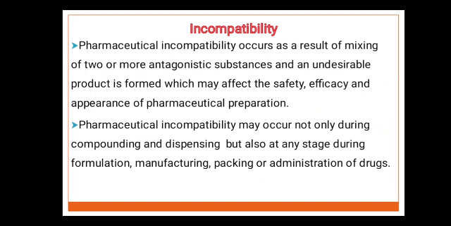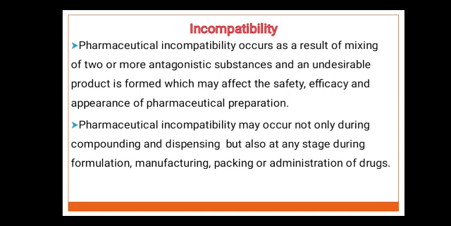Pharmaceutical incompatibility occurs as a result of mixing of two or more antagonistic substances and an undesirable product is formed, which may affect the safety, efficacy and appearance of the pharmaceutical preparation.